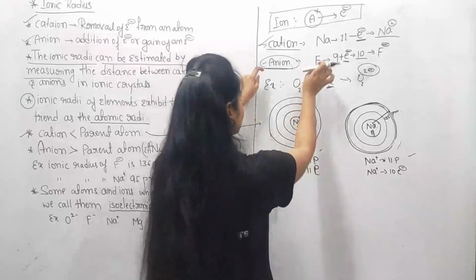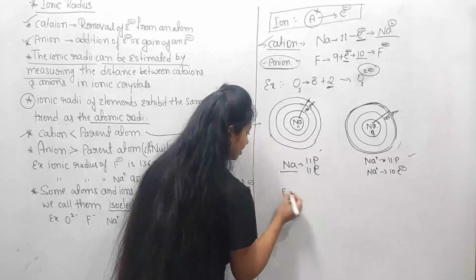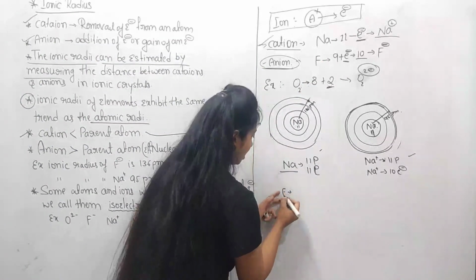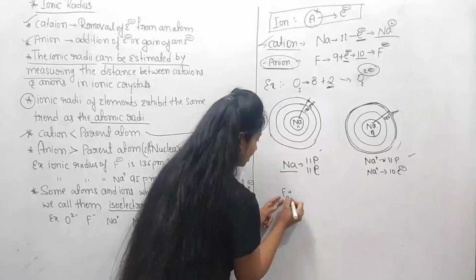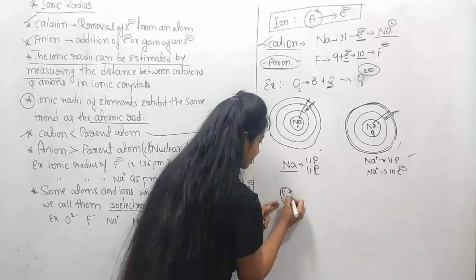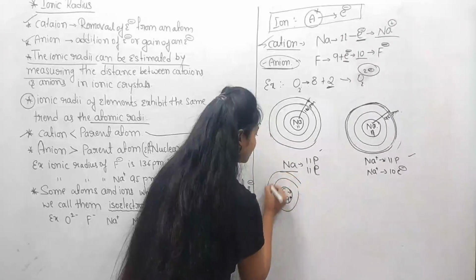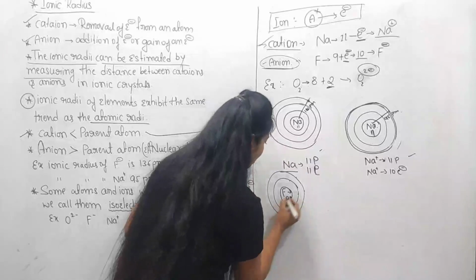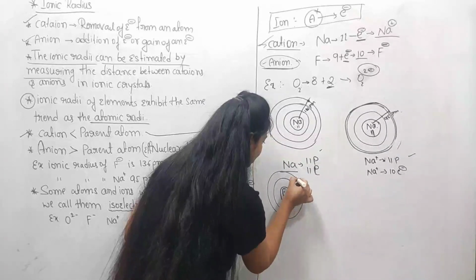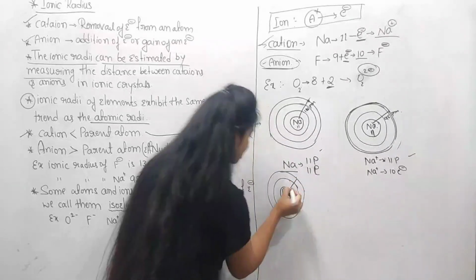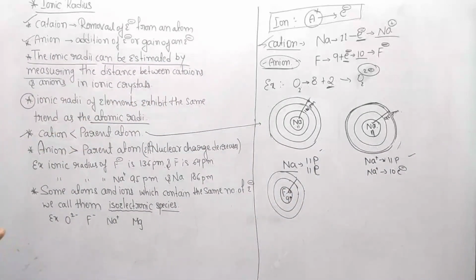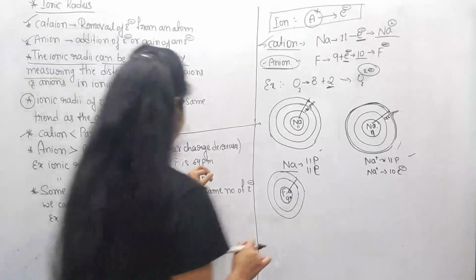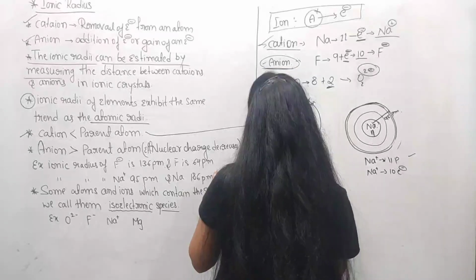Just observe here. Consider the fluorine atom. We have 9 protons in its nucleus and 9 electrons in various shells. The distance between the nucleus and the outermost shell, its atomic radius, is 64 picometer.